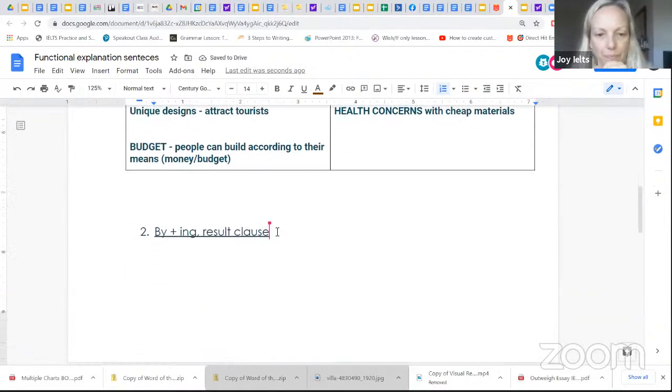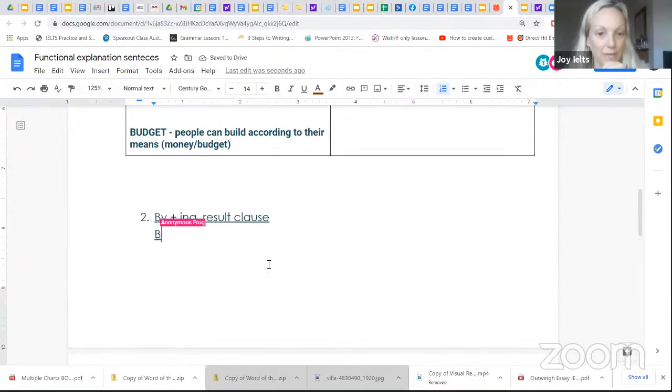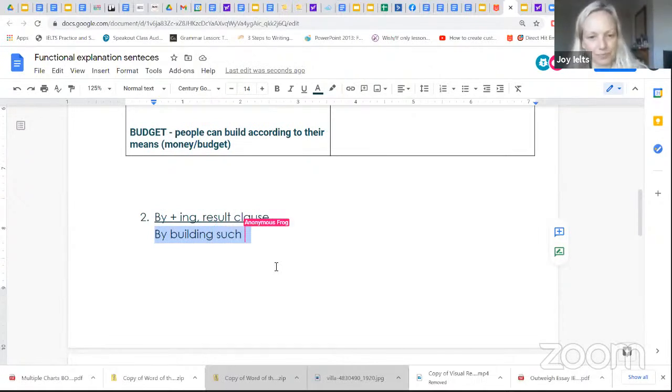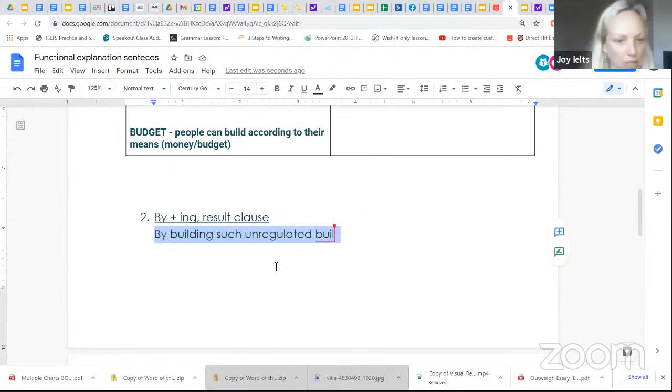Okay. Any ideas for this sentence? Oh, I've got someone writing it. It's so exciting when you start writing. By, good. Mitu, let me write yours down here. I'll give you feedback afterwards.